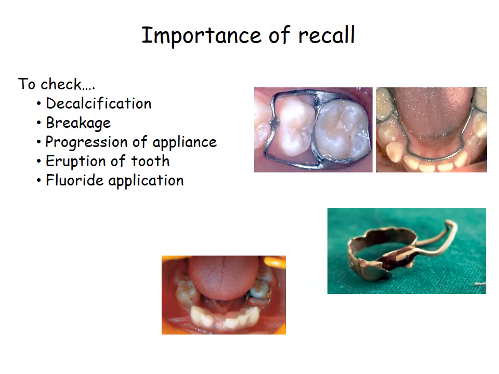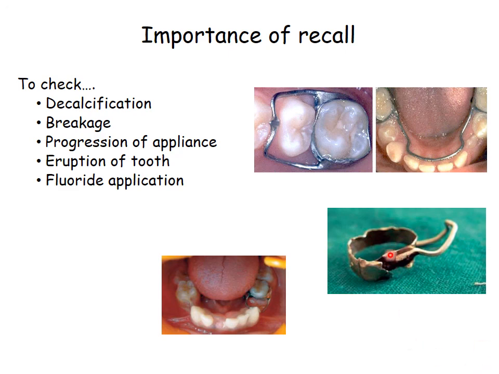So it is important to recall the patient every 6 months to check the appliance. We check for any decalcification, because banding of the tooth causes some amount of decalcification. There might even be breakage of the appliance, as you can see here.